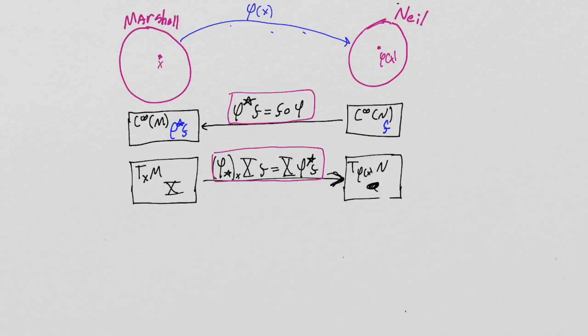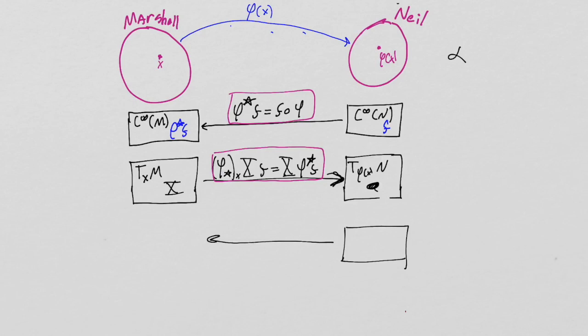The reason that's important is because now we're going to talk about another space associated with N, right? And we're expecting a pullback on this space. And this is, we're going to call alpha. Alpha is going to be a dual vector or a covector field.